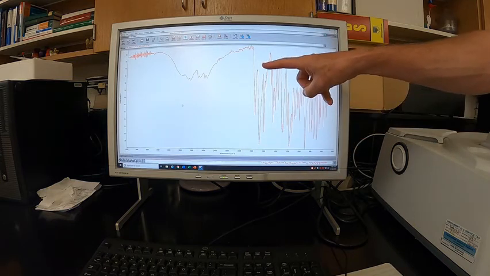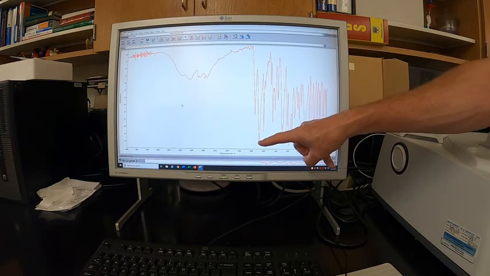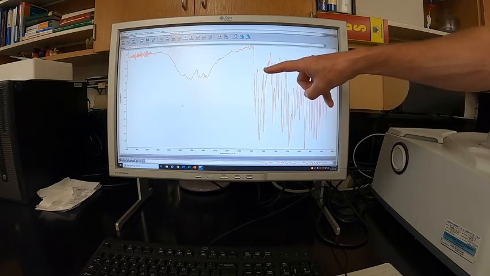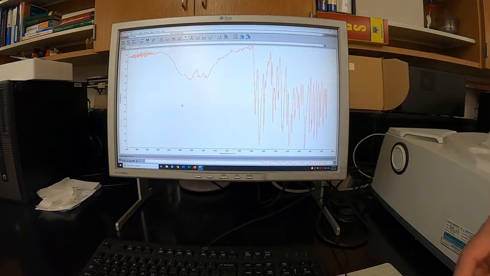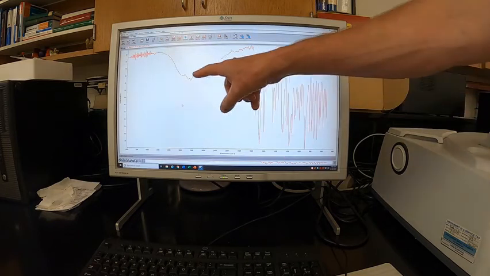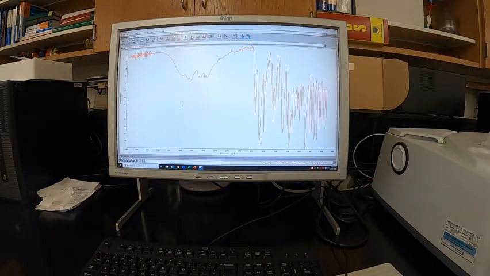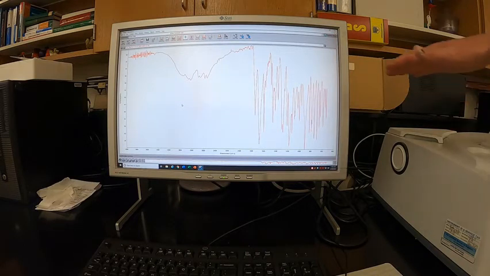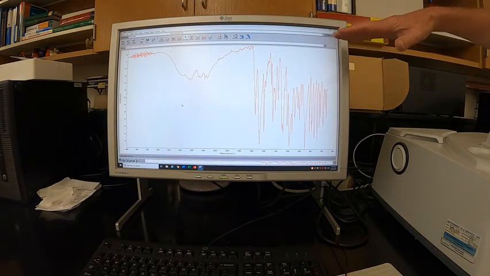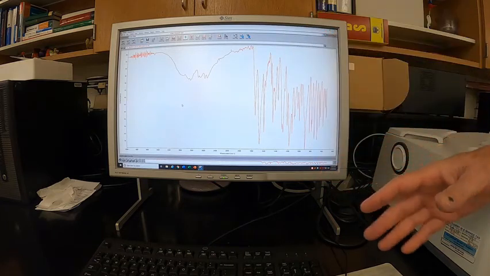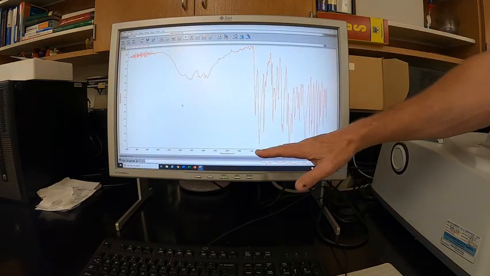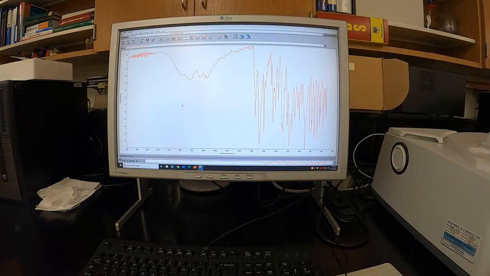So this peak here comes from a C double bond O, a carbonyl. Carbonyls greatly absorb the IR radiation, whereas on this side the CHs aren't quite as strongly absorbing of the IR radiation. So again, if it was 100% transmittant, that just means all the light's passing through. If there's a low percent transmittance, that means the bond is acting like a filter to absorb that IR radiation to give us the resulting spectrum.